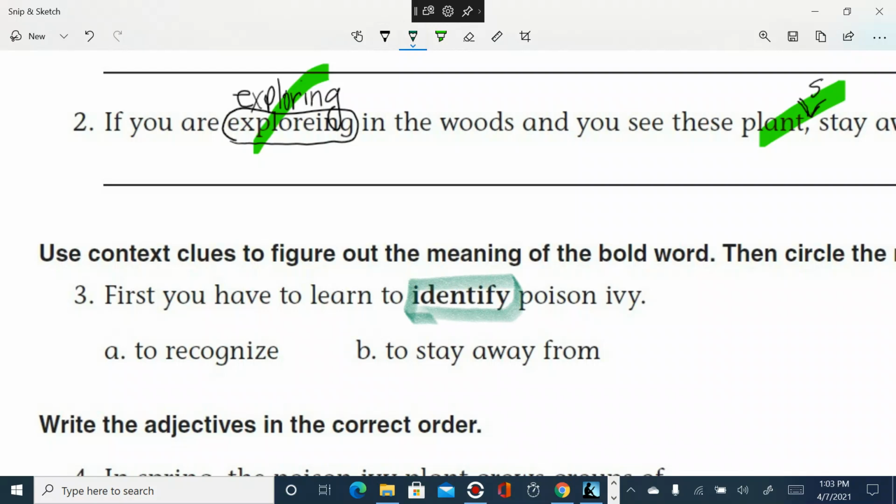What does it mean to look for context clues? Caleb? Let's search for words around it. What words? First, you have to learn to identify poison ivy. What word in there kind of helps you understand what identify is? Yes. Learn. I think learn does. So if you're learning to identify, maybe you're trying to what? Recognize. I think it means to recognize. Yeah, you're trying to learn about it, so you want to learn so you can recognize it, right?